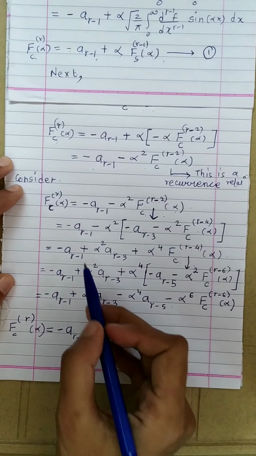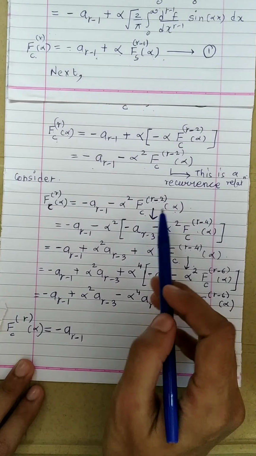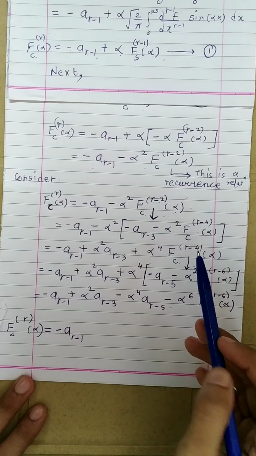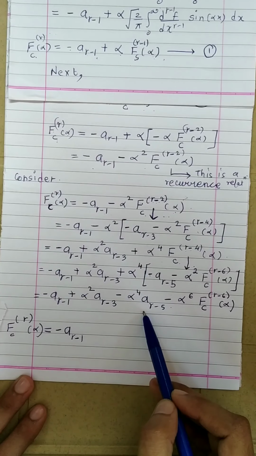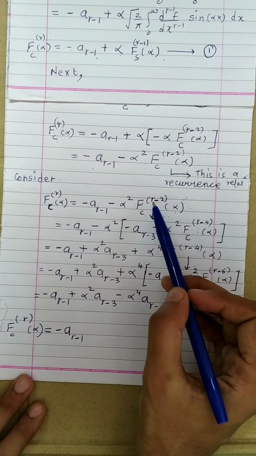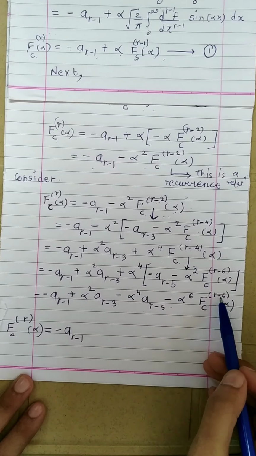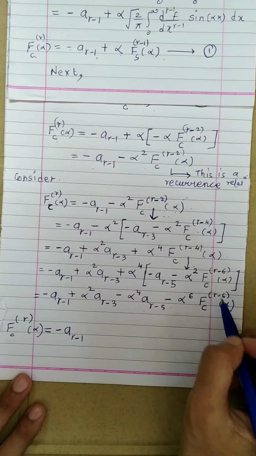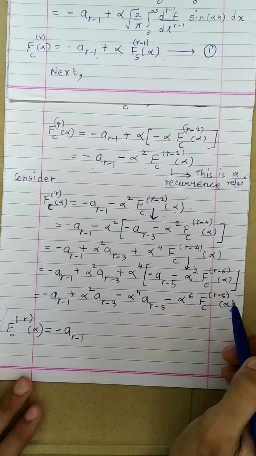If you observe carefully this expression and this expression, for the last terms, it is r minus 2, r minus 4, r minus 6. Every time, whatever number is subtracted is an even number.